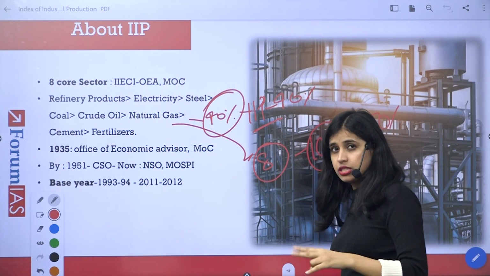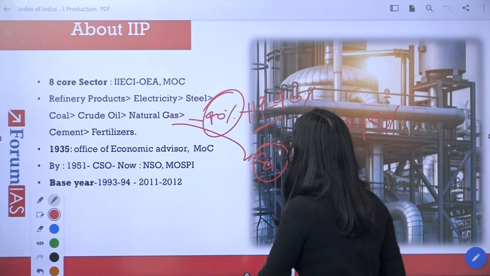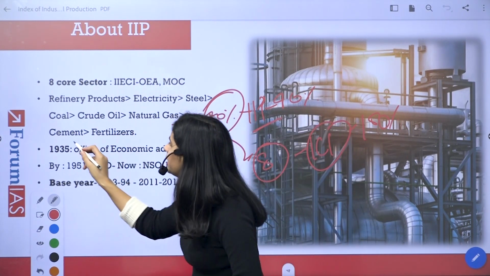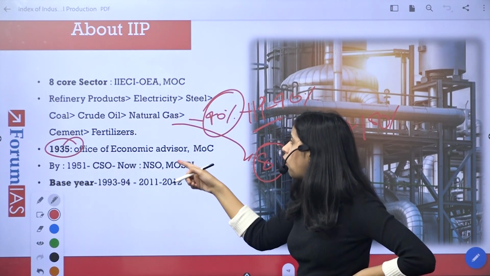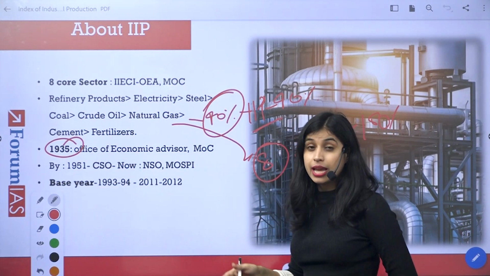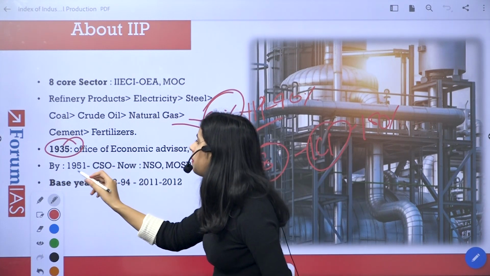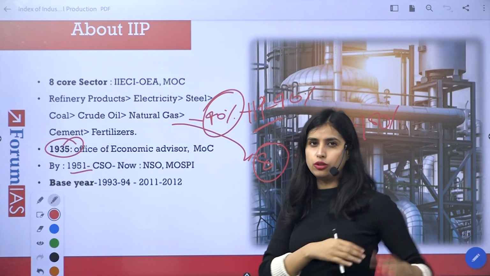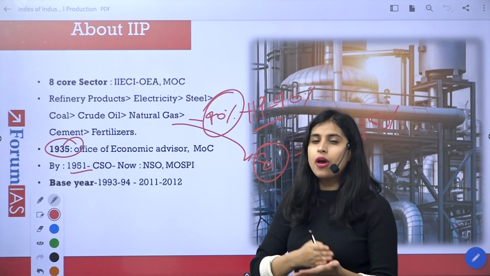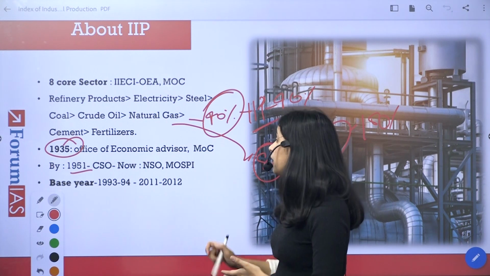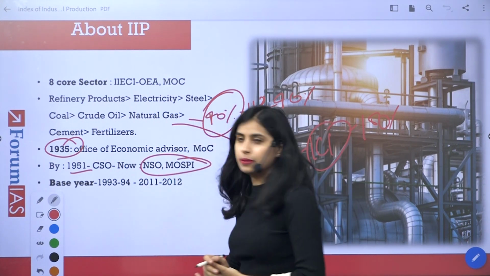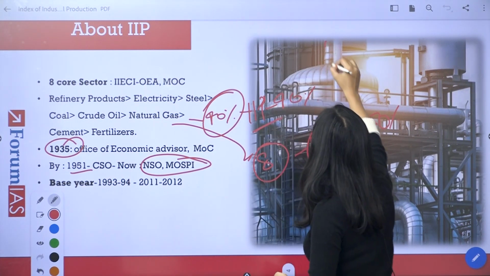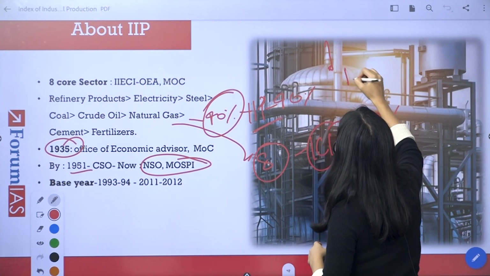The second most important difference you will keep in mind is who is releasing this index. When IIP was first introduced in India in 1935, it was calculated by the Office of Economic Advisor under the Ministry of Commerce. But later, in 1951, this function was taken over by the CSO, which later became the NSO in 2019 with the merging of CSO with the NSSO. So the Ministry of Statistics and Programme Implementation, MOSPI, through the NSO, is coming up with the IIP.